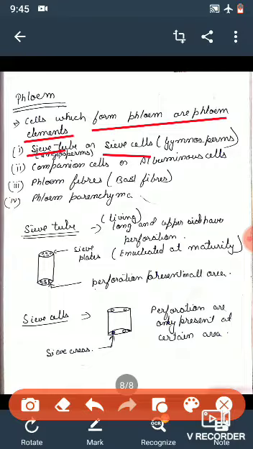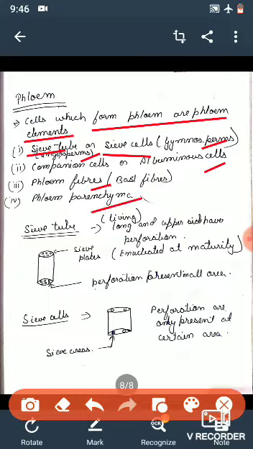Sieve tubes are generally present in angiosperms, and sieve cells are present in gymnosperms. Second is the companion or the albuminous cells. Next are the phloem fibers, which are nothing but sclerenchyma tissue, and the phloem parenchyma, which is parenchyma tissue.